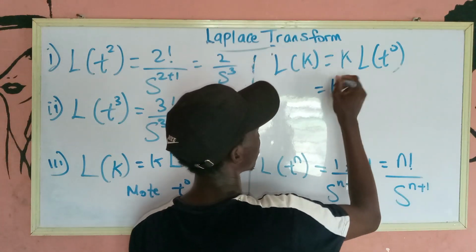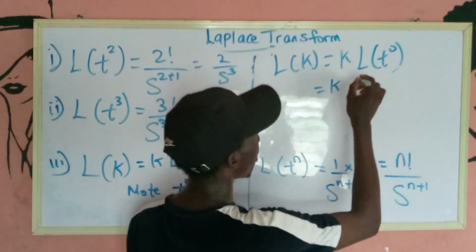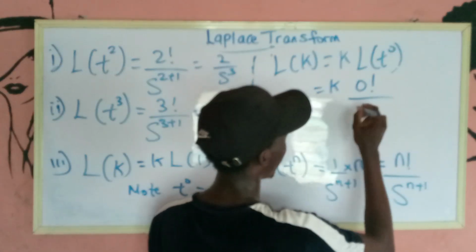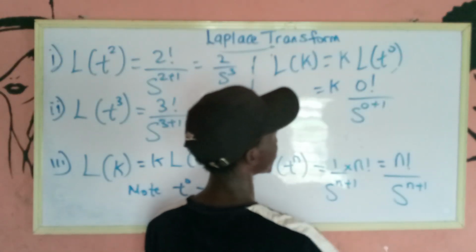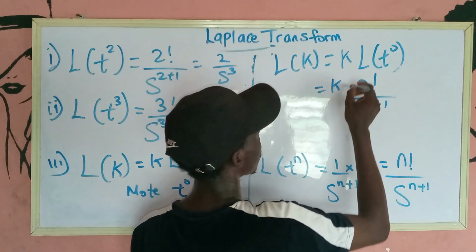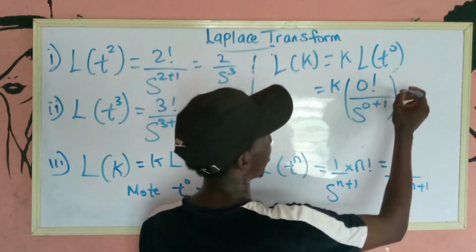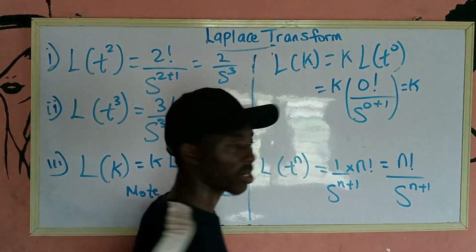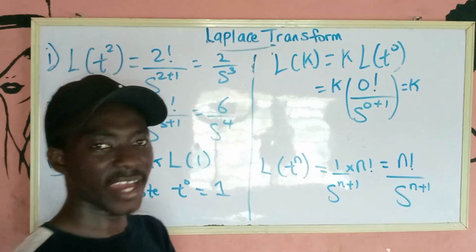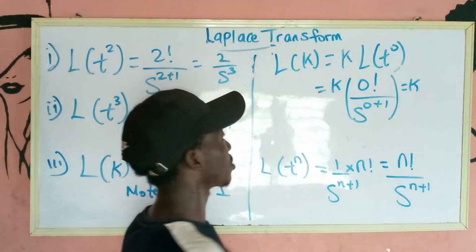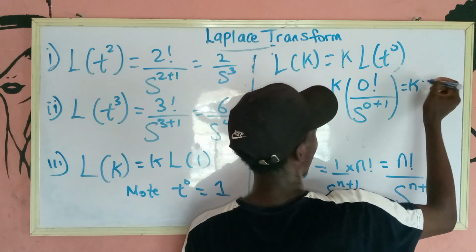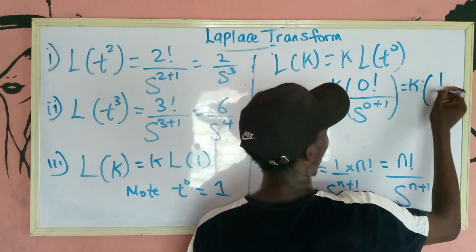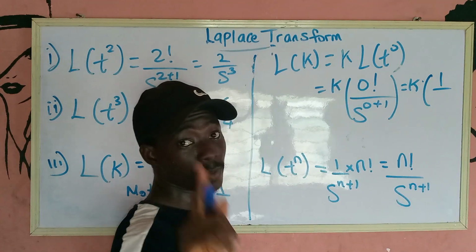So this is k staying here. What is 0? That will be 0 factorial over s raised to power 0 plus 1, and that is k times 0 factorial over s to the power 0 plus 1. What is 0 factorial? 0 factorial in mathematics is 1. And what is 0 plus 1? 0 plus 1 is 1.